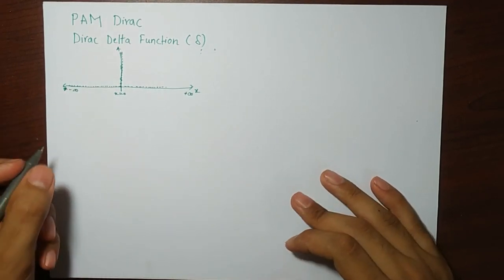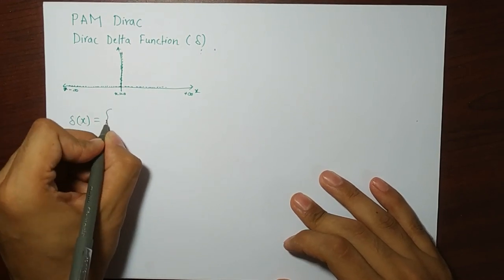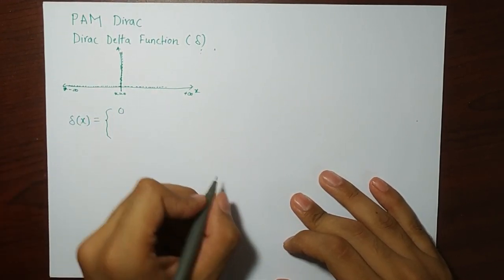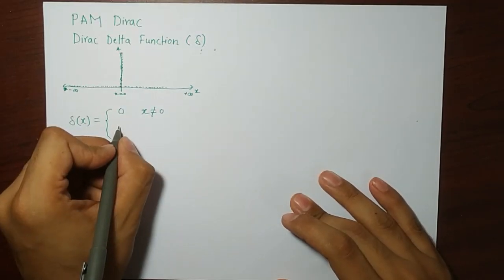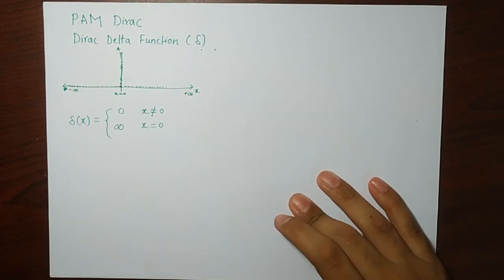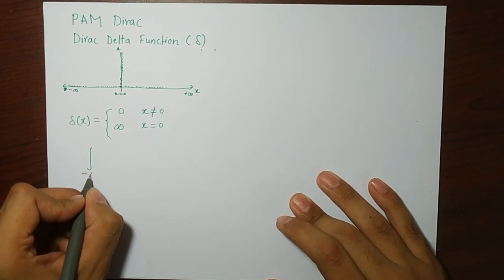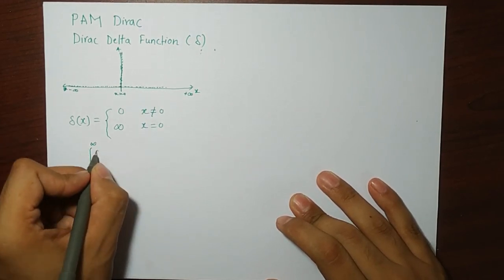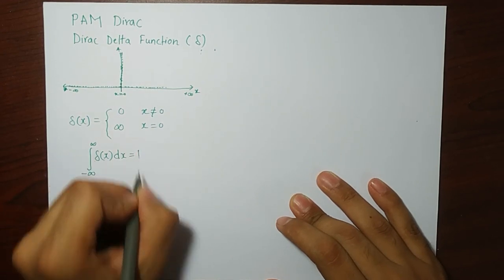So the function is basically delta of x is 0 if x is not equal to 0, and it goes to infinity if x is 0. But there is also one more condition: the integration from minus infinity to plus infinity of delta of x dx is 1.